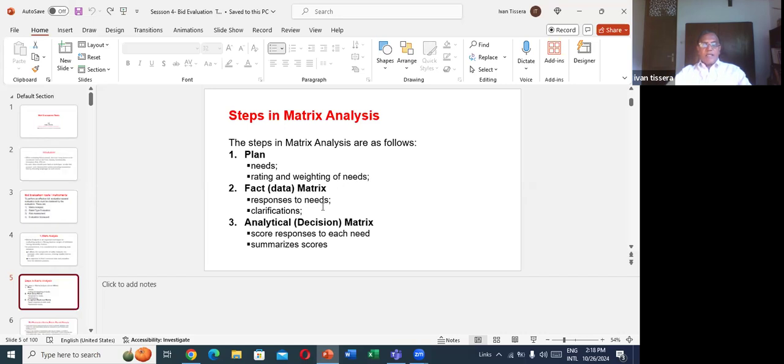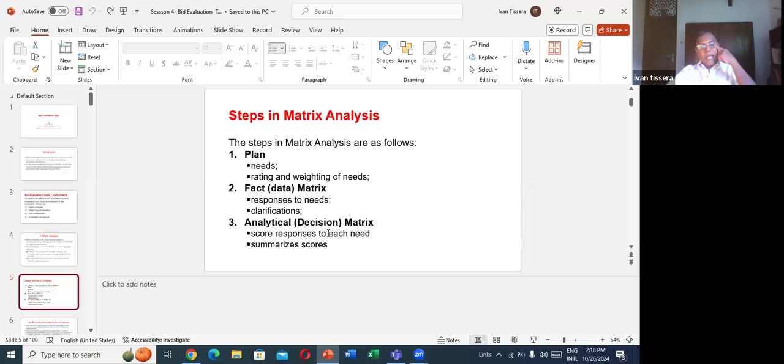So second thing, fact, data matrix. So what are the responses to the needs, right? We say quality, what is the response from the bidders? And sometimes we have to get clarifications also to understand their responses.